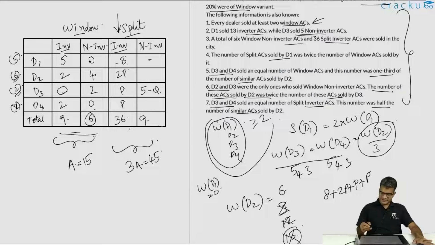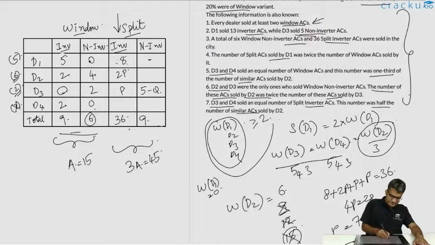That is equal to 36. So 4P is equal to 28, or the value of P is equal to 7. So this is 7. This is 7. And this is 14. This is 5 minus Q, so that actually is equal to 3. Because Q is equal to 2, so this will be equal to 3.